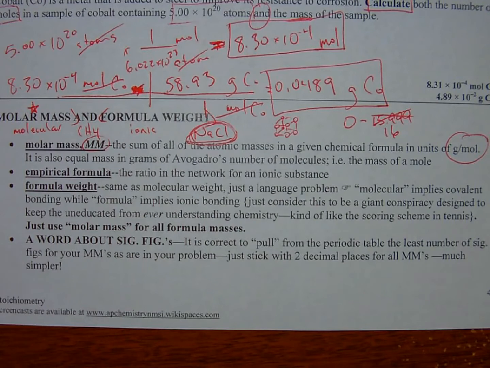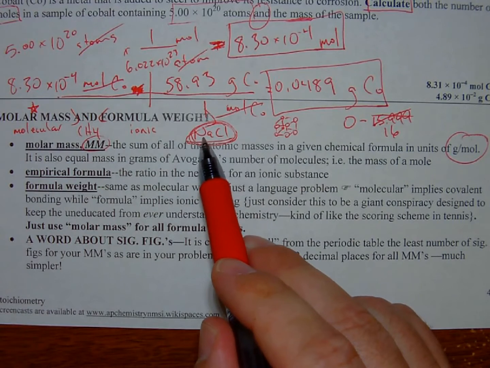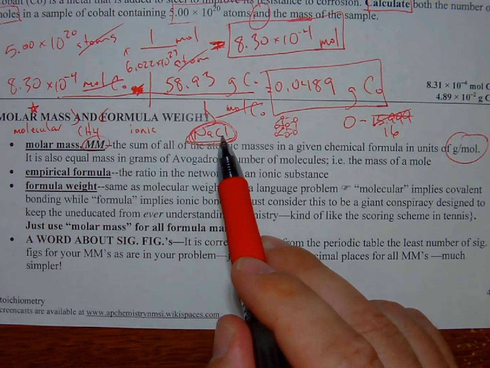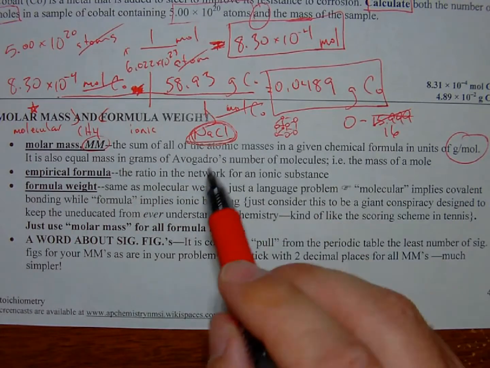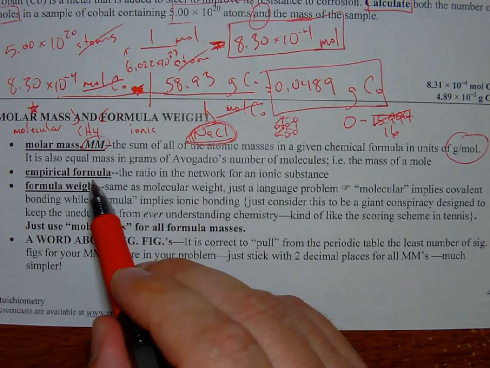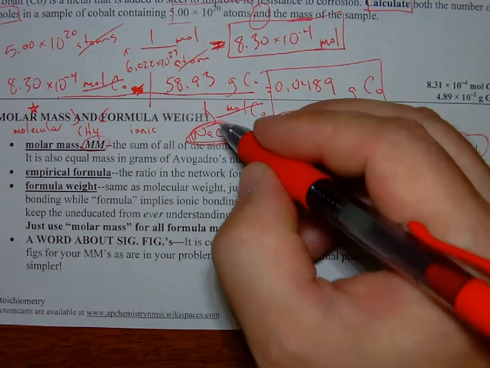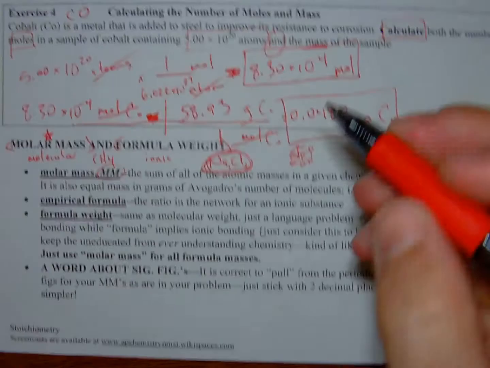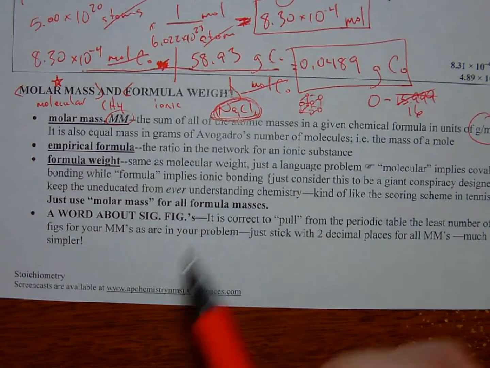But when we reduce by the largest common factor, we see that we have 1 sodium for every 1 chloride, 1 chloride for every 1 sodium. So it's a 1-to-1 ratio. And so a 1-to-1 ratio would make NaCl the empirical formula. Notice that these subscripts are both 1s. It's the ratio within that network of the ionic substance.